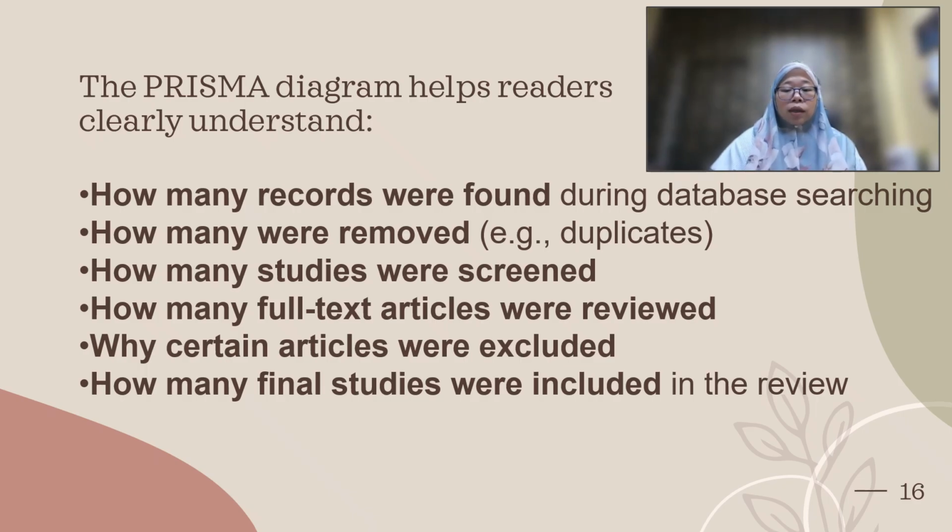This flow will help readers to clearly understand how many records were found when you're doing the database searching, how many were removed if there was any duplication, how many studies were screened, how many full text articles were reviewed, why certain articles were excluded, and how many final studies were included in the review.